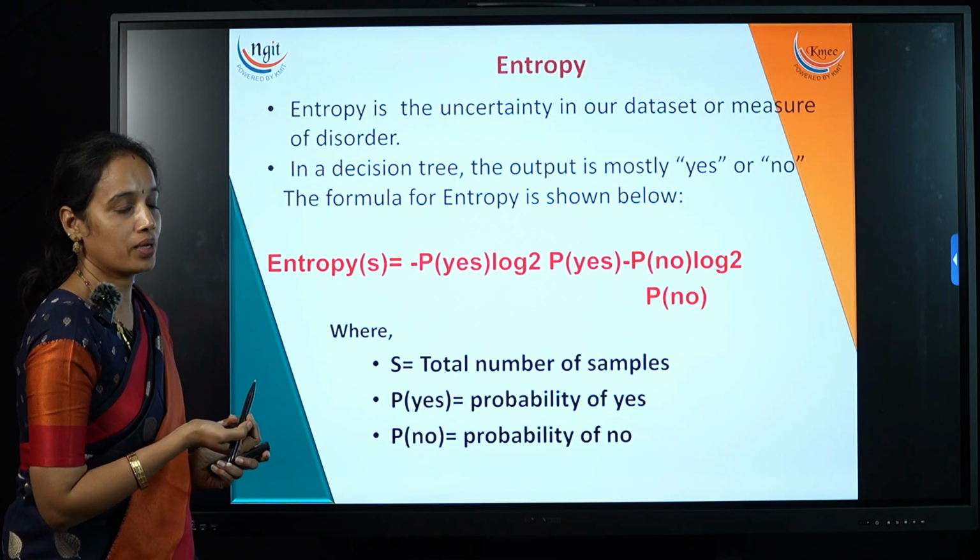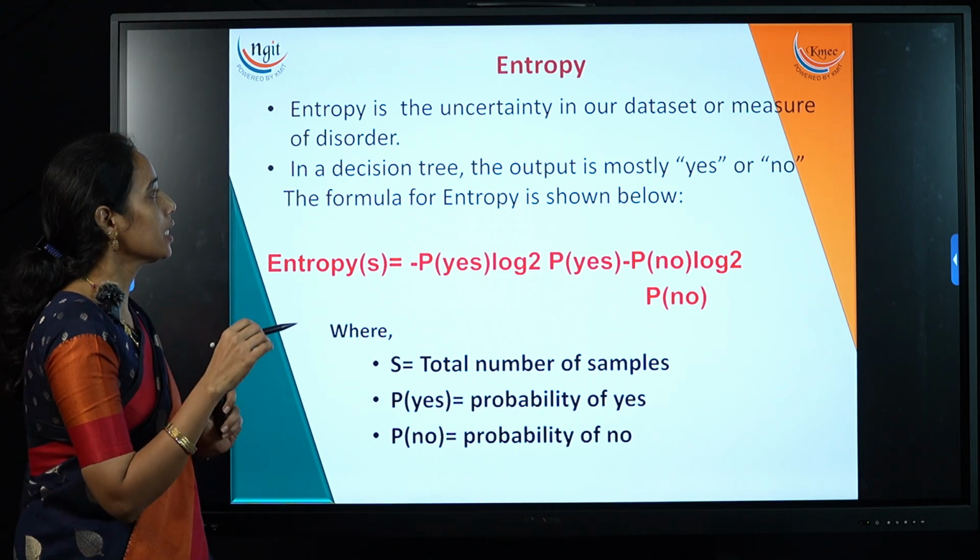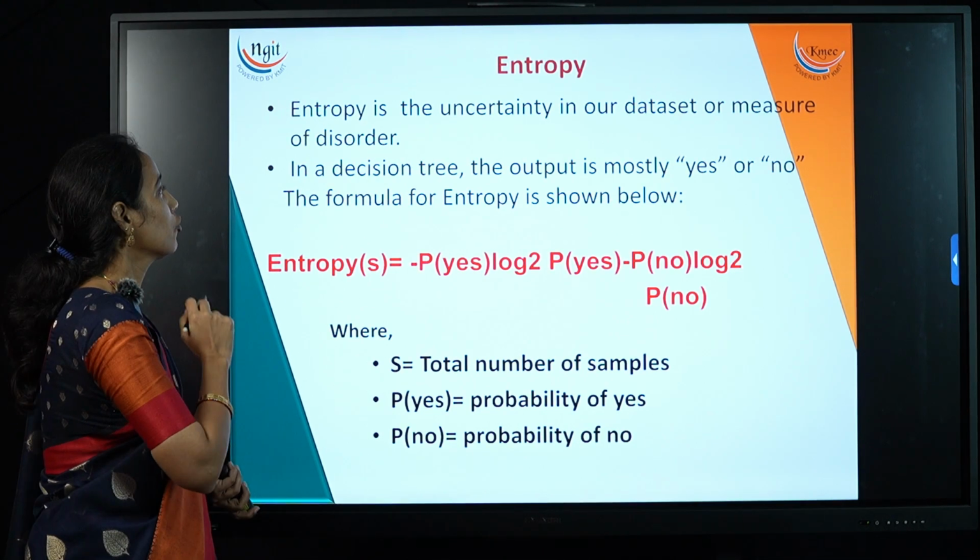So what is entropy? Entropy is the uncertainty in our data set or a measure of disorder.